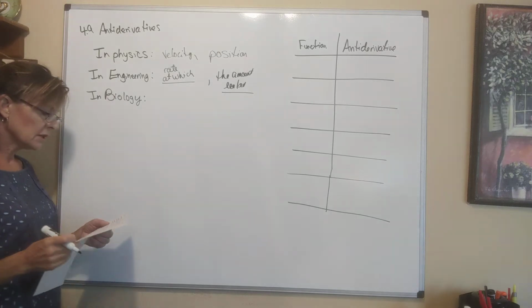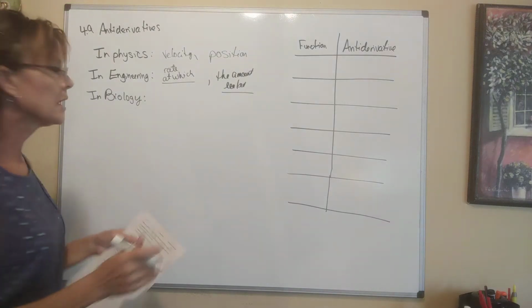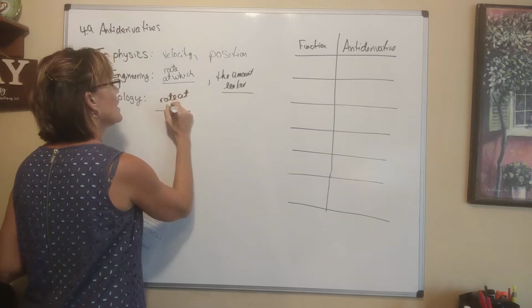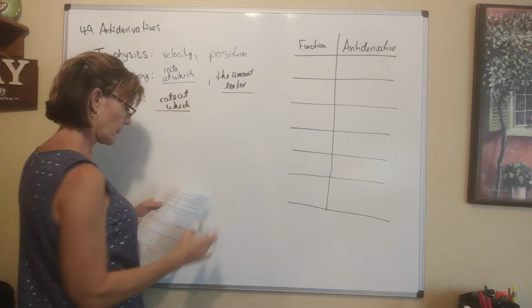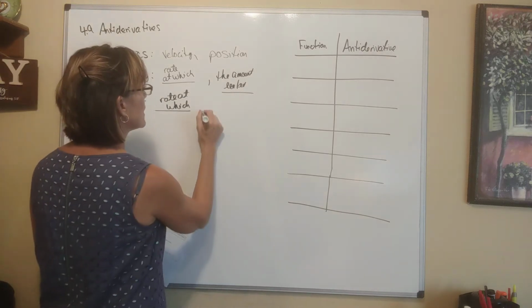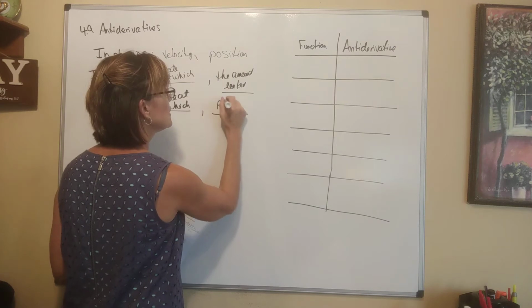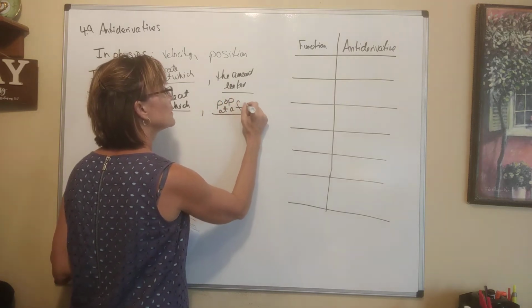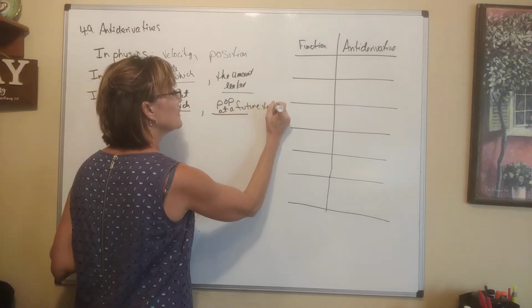Or in biology, suppose that you know the rate at which a population is growing, and you want to know the population at a future time.